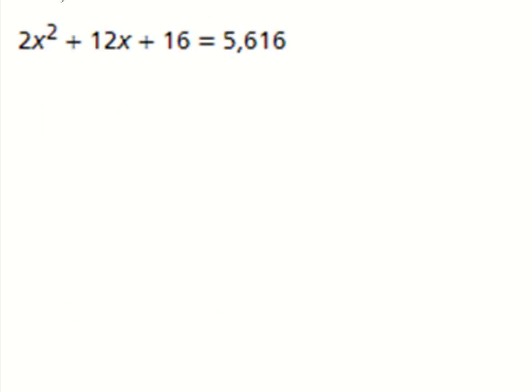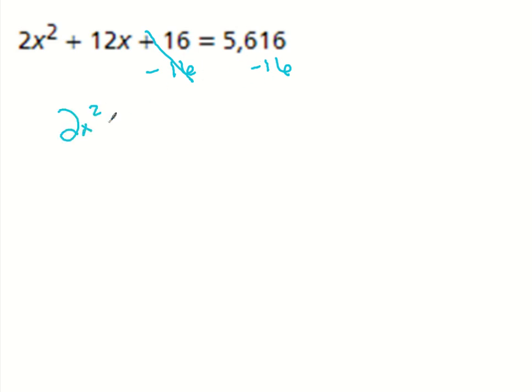So now, for this one right here, we have a value here for a. But what I'm going to do is I'm still going to work on completing the square, but I'm also going to be able to divide this. But we'll divide that afterwards. So first what I want to do is I want to get rid of the c. So I'm subtracting 16 on both sides.